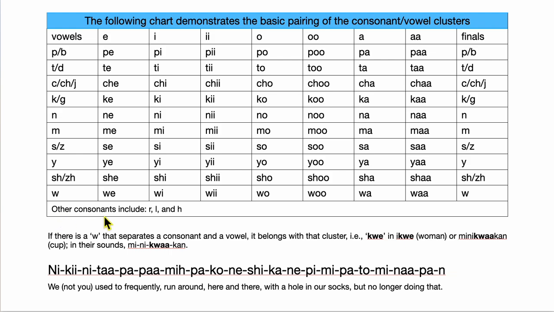So the other consonants that we include in the language are R, L, and H. R and L, we don't have them in our dialect, but we use them to borrow from an English sound into the indigenous language. For example, my name is Bruce.